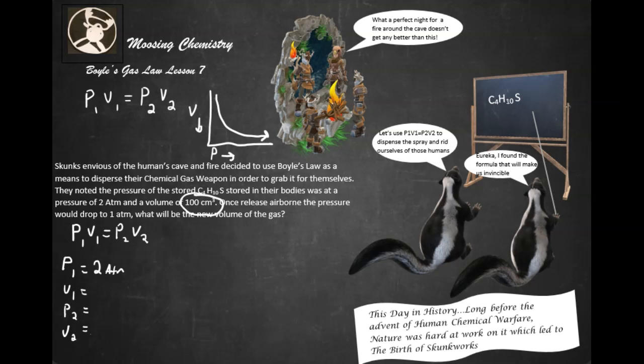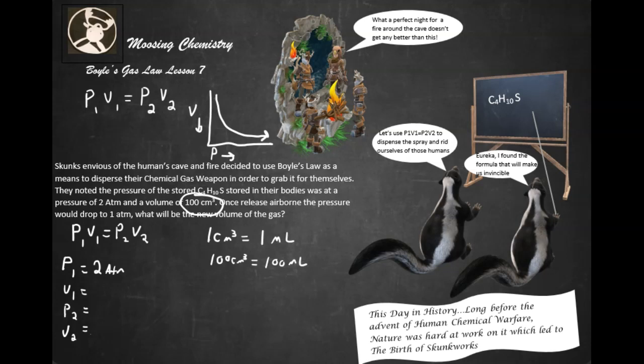Wait a minute. We really should change those units. So remember that 1 centimeter cubed is equal to 1 milliliter. What does that mean? Well, if you had 100 centimeters cubed, you would have 100 milliliters. But we don't want the answers in milliliters.